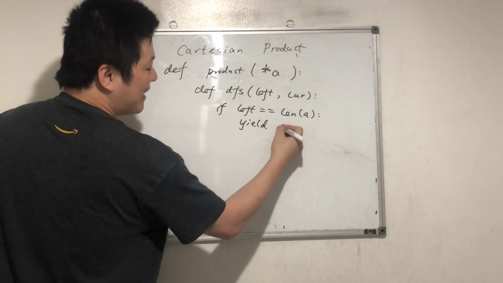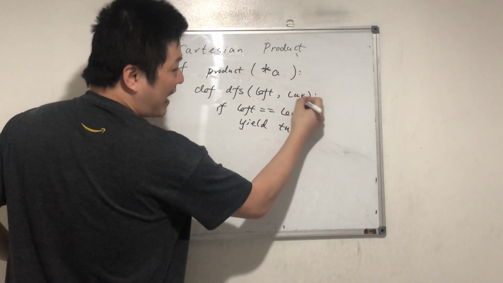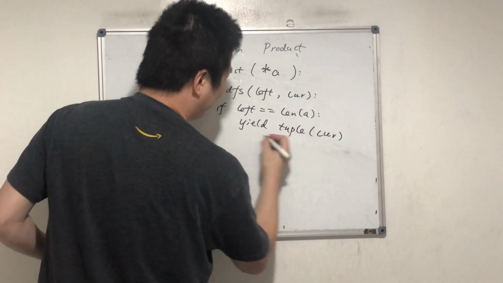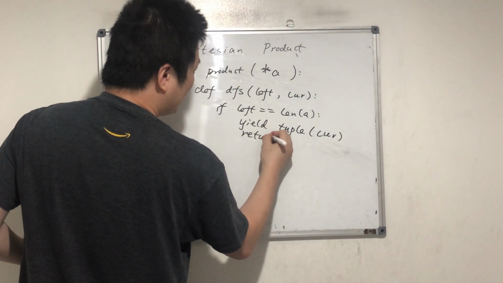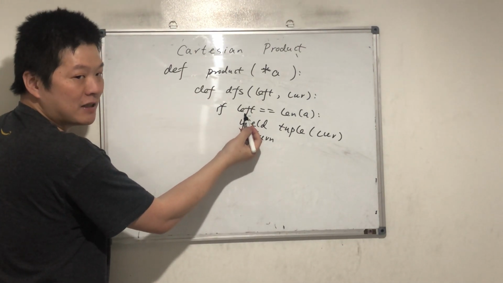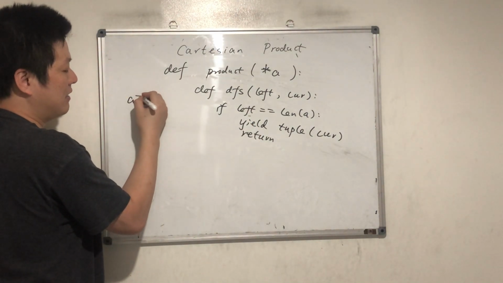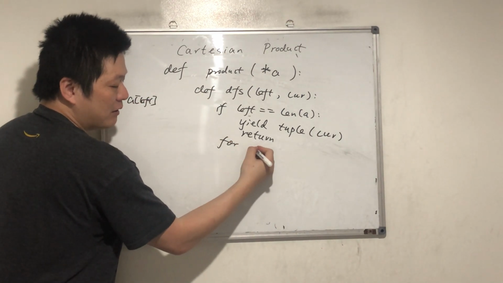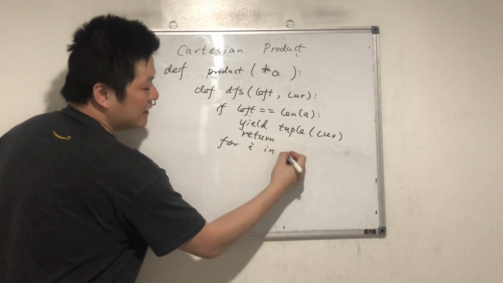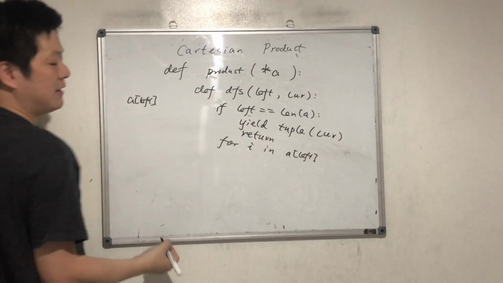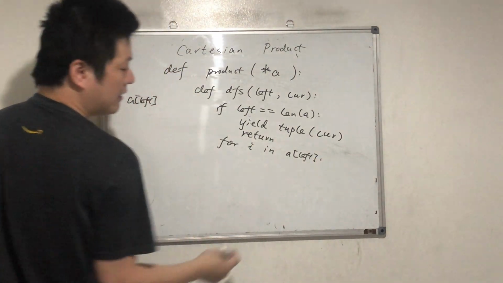We convert this current to a tuple, yield tuple(current), and then return. Now we are at a left array. So how many possibilities in A[left]? So we want for i in A[left], right? Does it make sense?